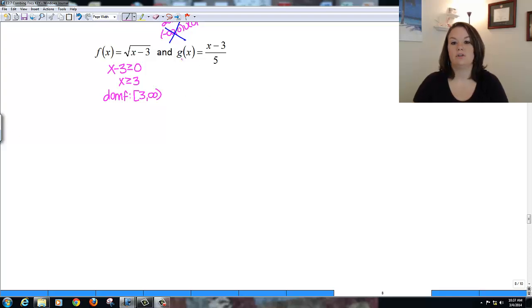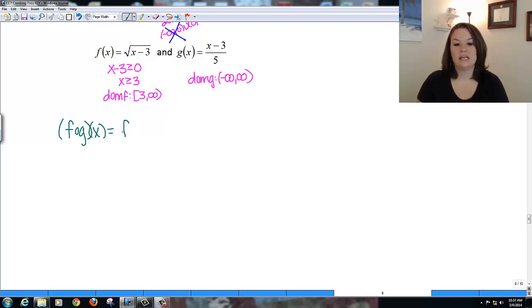For g, notice I don't have a variable in my denominator, and I don't have an even root, which means that the domain of g is negative infinity to infinity. So let's go ahead and do f composed with g, which means I'm taking g and placing it inside f.